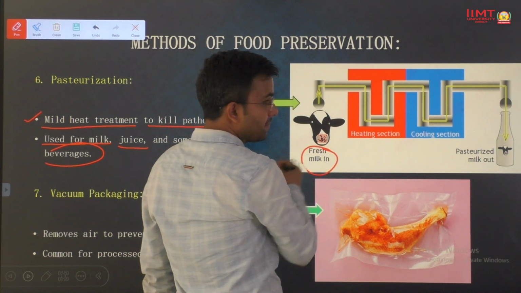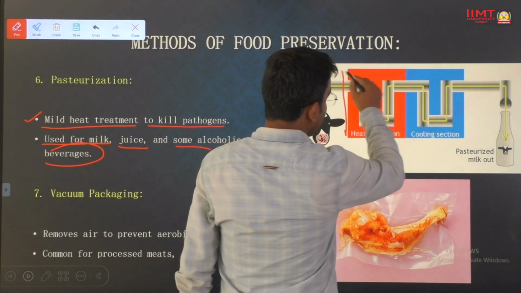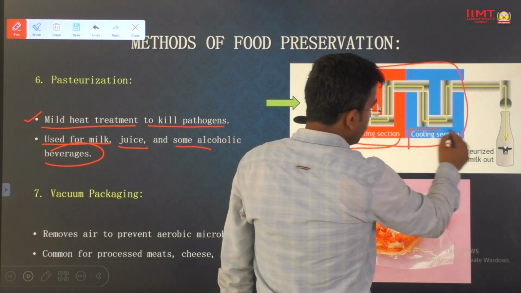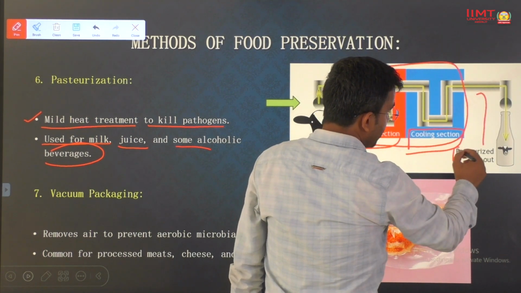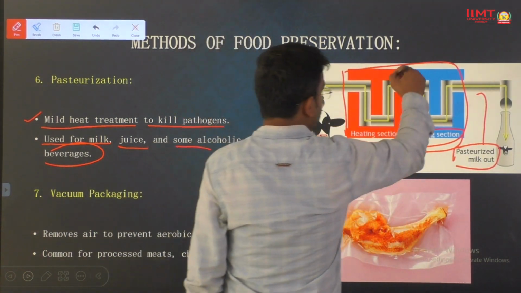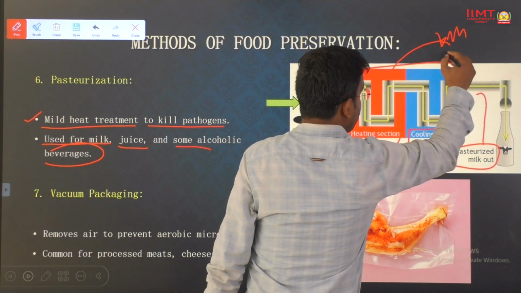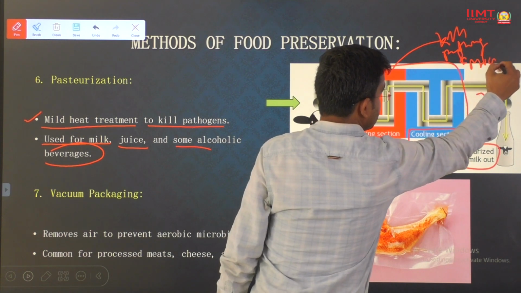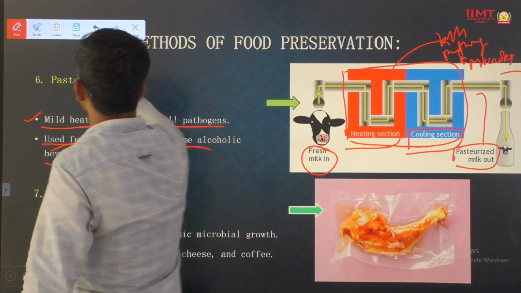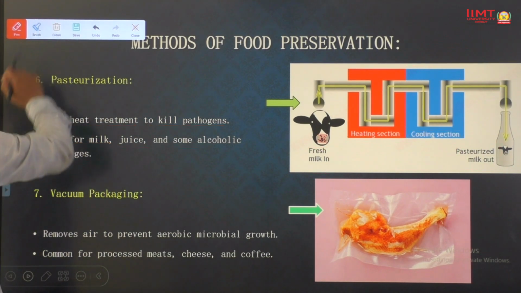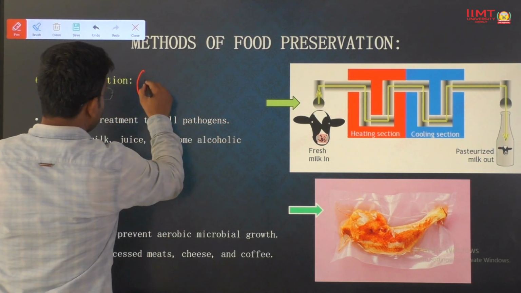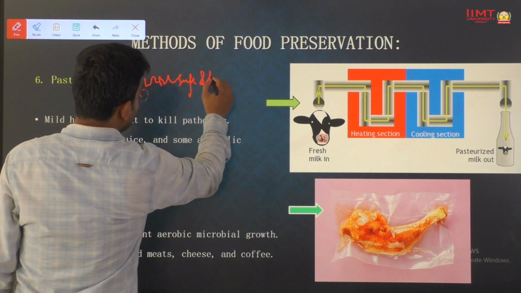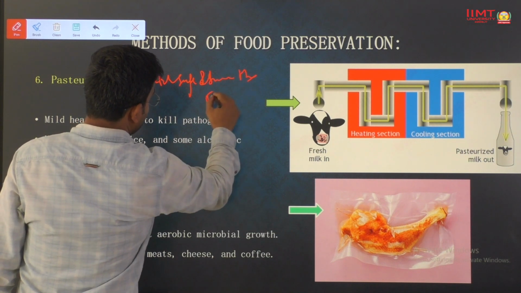Here is the fresh milk, and this is a pasteurization unit with a heating section and a cooling section, and when we take out the pasteurized milk, in this condition the pathogens and microbes are killed, which makes the food items safe and secure.